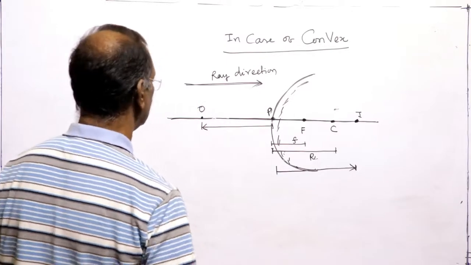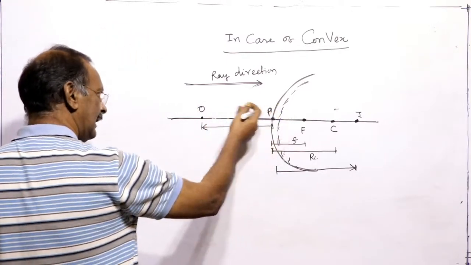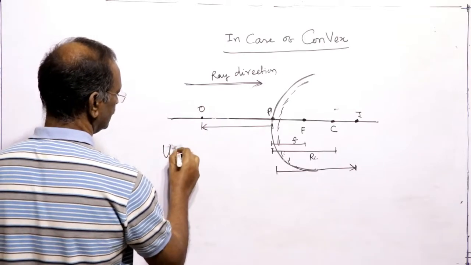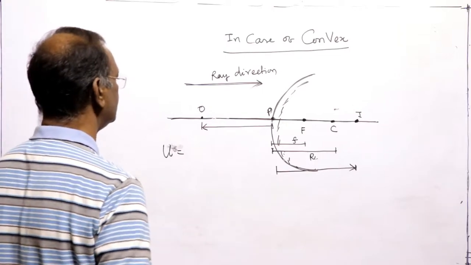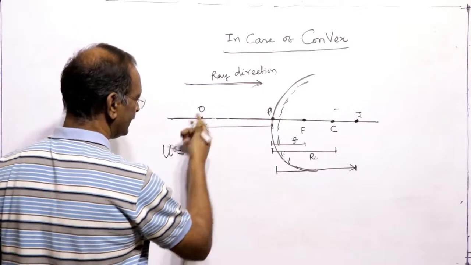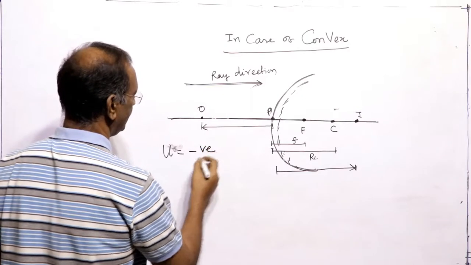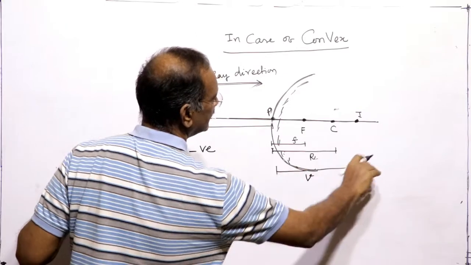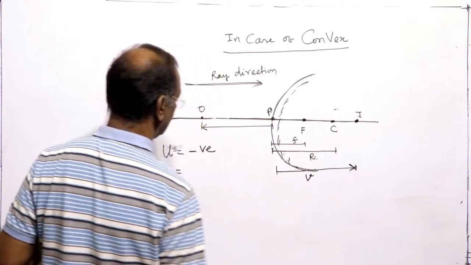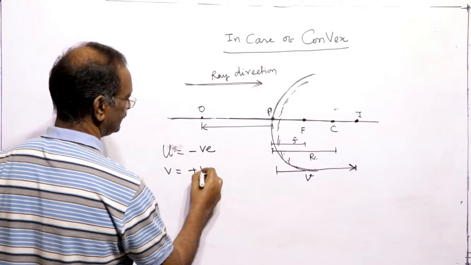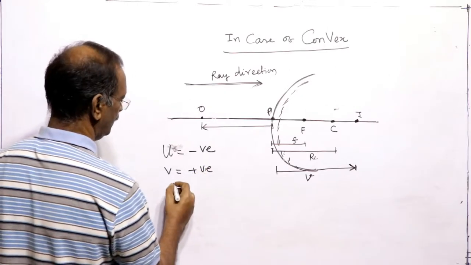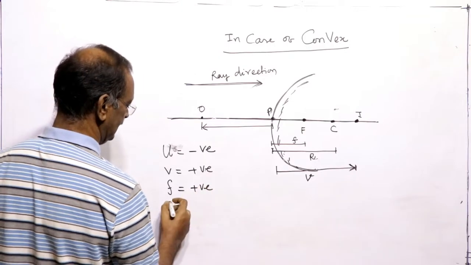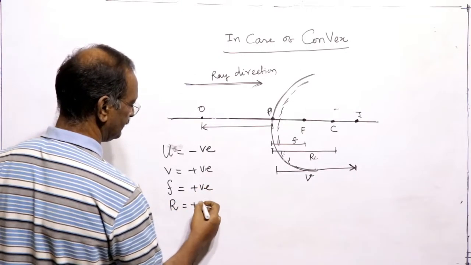Since we are measuring the object distance from the pole against the ray direction, u is negative. v is measured from the pole along the direction of the ray, so it is positive, and focal length is positive along the direction of the ray, and radius of curvature is positive.